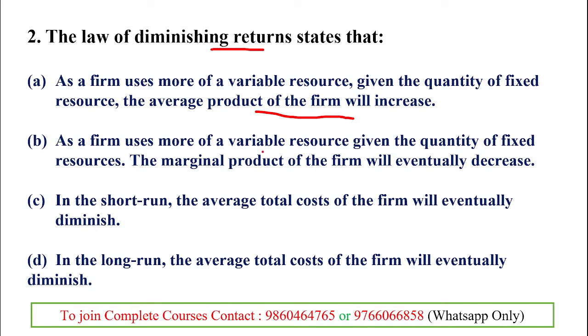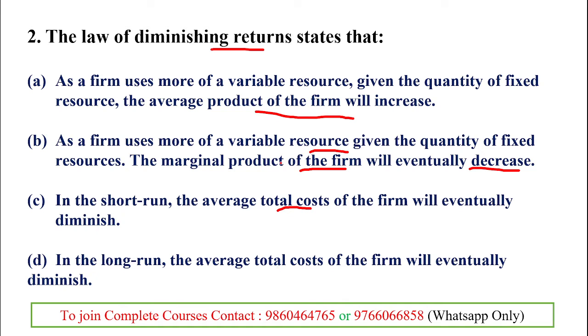The next option: with variable resources added to a given quantity of fixed resource, the marginal product of the firm will eventually decrease. The third option: in the short run, the average total cost of the firm will eventually diminish. The last option: in the long run, the average total cost of the firm will eventually diminish.